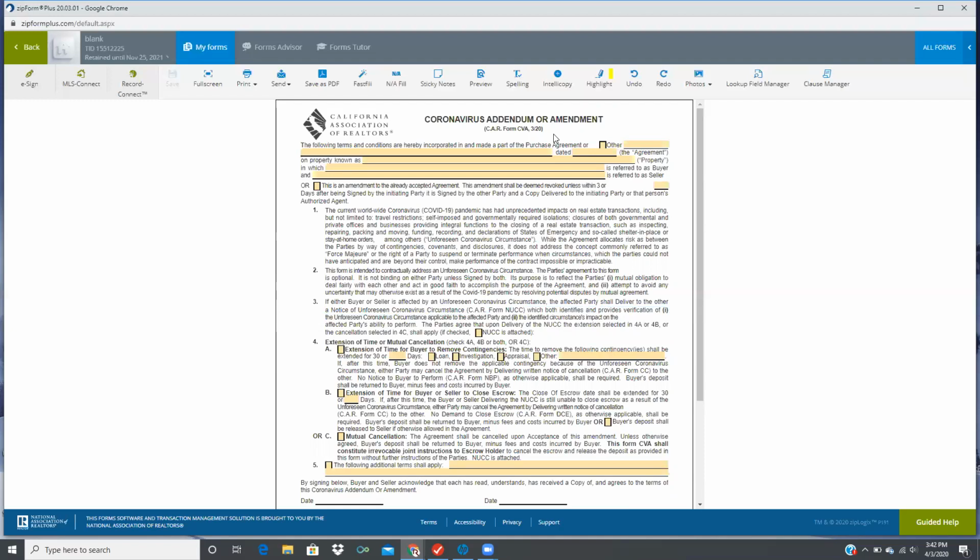The seller does not need to agree to this if you're writing an offer, but I think it is wise to try and get this incorporated with each and every offer that you're writing, because things are changing by the hour, by the day, and we just don't know how things are going to be 3 weeks from now, or a month from now, or a month and a half.